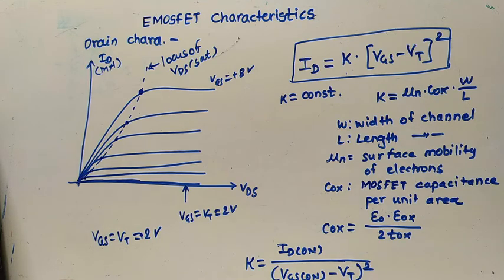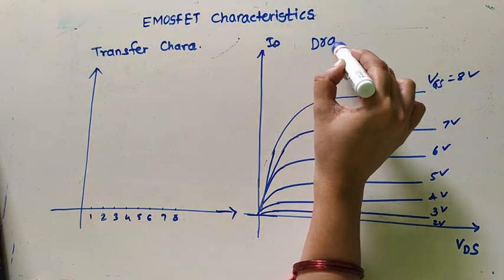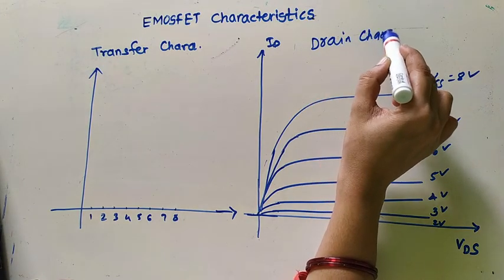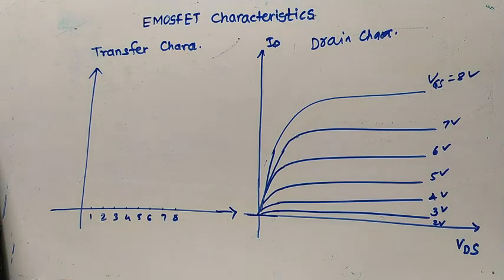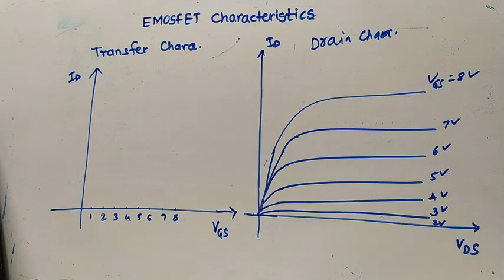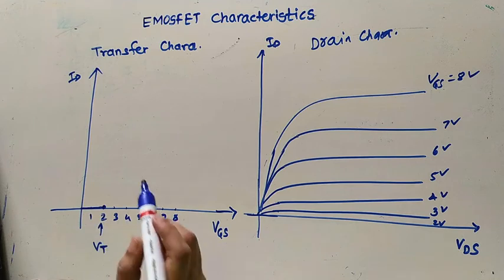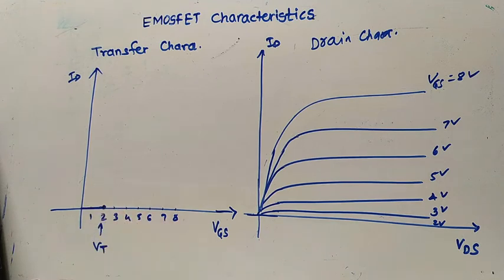Now we will see the transfer characteristics. For transfer characteristics, the drain characteristics is represented here. The transfer characteristics is the characteristic between VGS voltage versus drain current ID. The threshold voltage is 2 volt for E-MOSFET. So up to 2 volt our current will be 0, but after this 2 volt our current will go on increasing.